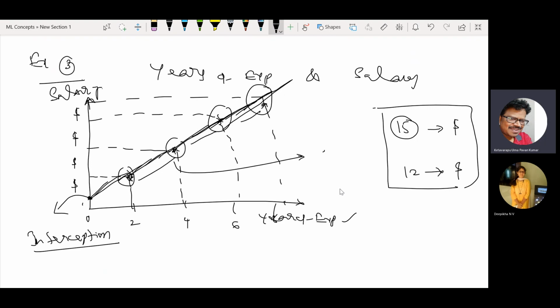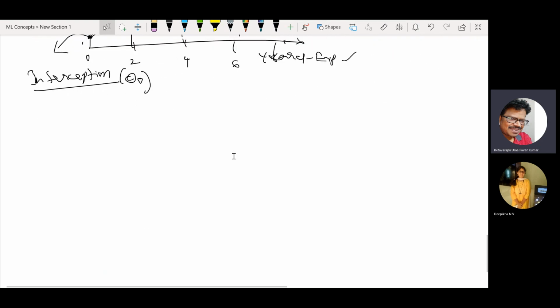This is what you call the slope. Representation-wise, the intercept is represented as theta naught and the slope is represented as theta one. Now you may ask me how this can be asked in the certification. I am coming to that point. Now there are certain aspects which we can name as the best fit line.